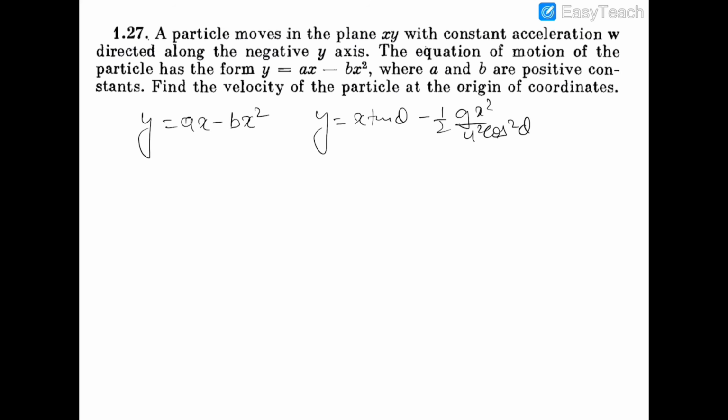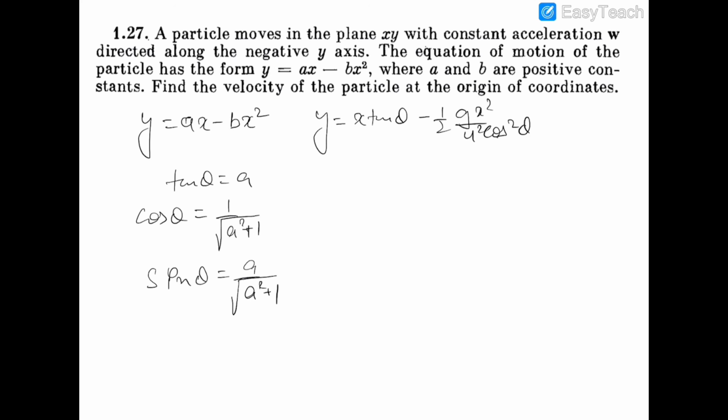So if we compare this equation with this one, so tan theta would be equal to a, and therefore cos theta would be equal to 1 upon under root of a square plus 1, as well as sin theta would be equal to a upon under root of a square plus 1.